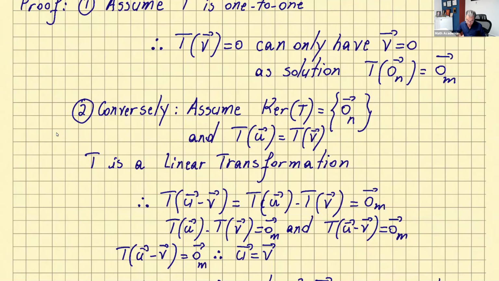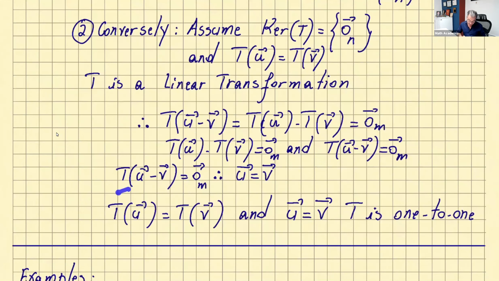T of u minus T of v equals 0 and T of u minus v equals 0. So obviously when we have that, that means u equals v. So we see that in this case T of u equals T of v and u equals v. So therefore T is one-to-one.